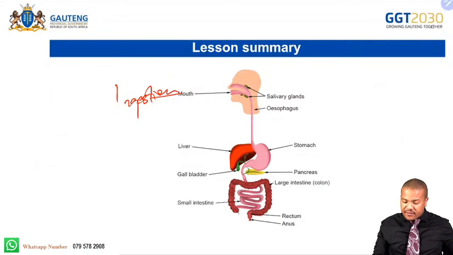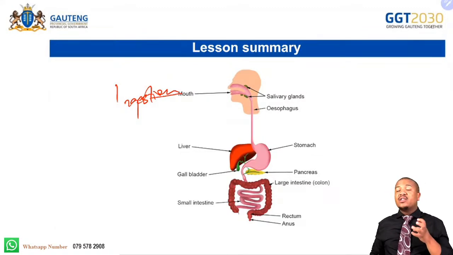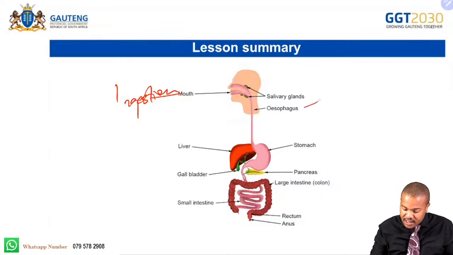Then you have the esophagus, which is responsible for taking food from the mouth down into the stomach. There's also a process that takes place in the esophagus, which is peristalsis.